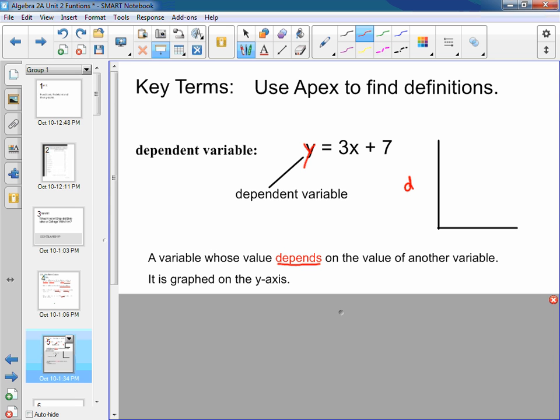You always put the dependent on the y-axis, and the y value is going to depend on whatever you put in for the x value. When you're taking these notes, make sure that you underline "graphed on the y-axis," and that it's a variable whose value depends on the value of another, so you underline the "depends."